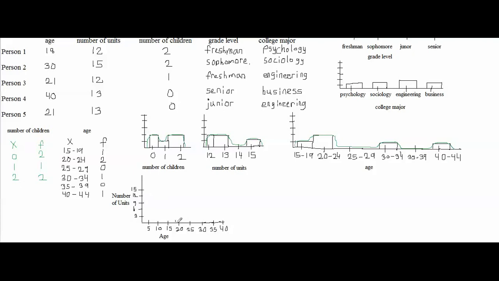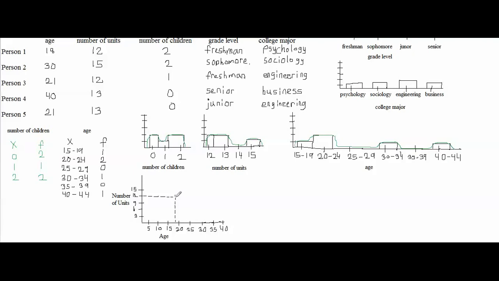So we need to find out where 18 years old right here and 12 units right here meet up with each other inside of the scatter plot. So maybe we could put a dotted line right here above the age of 18, and keep going up until we reach 12 units. This 12 units is right here.